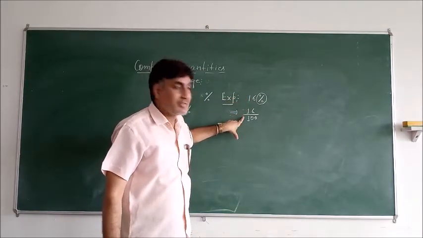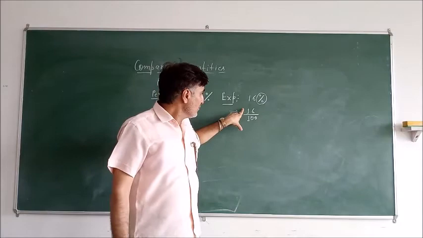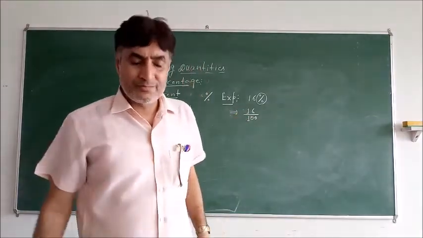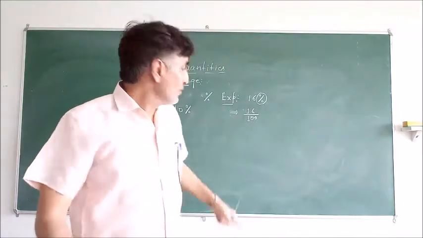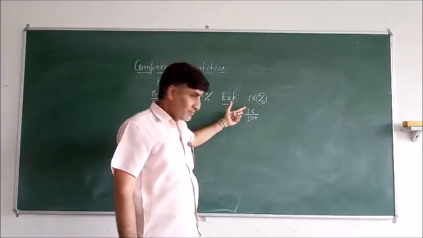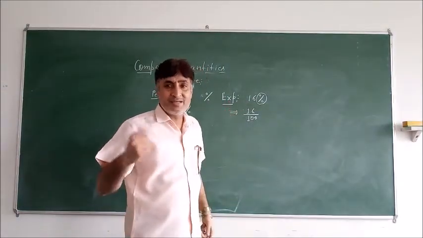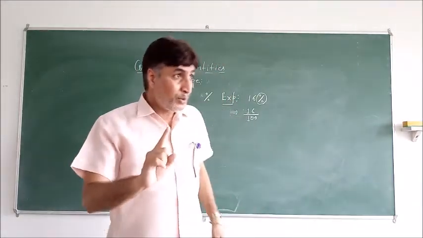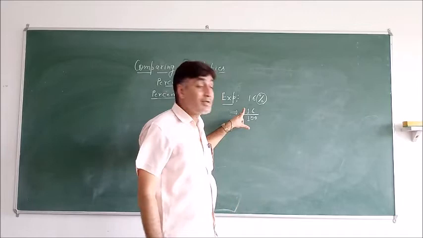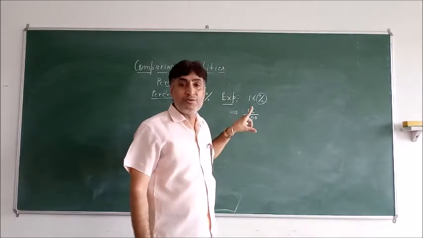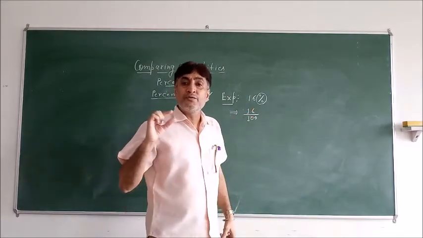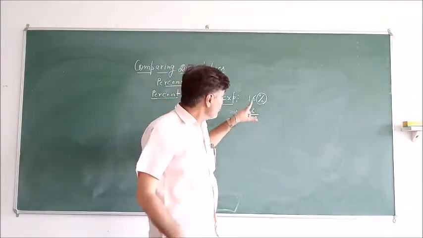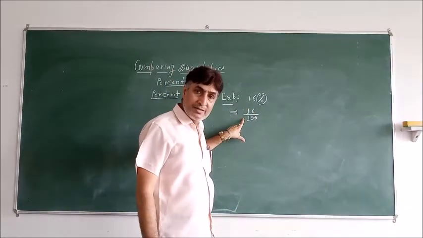Now we write this fraction in simplest form. The traditional way of simplifying this fraction is cancellation, but that is not the proper way. The proper way of writing a number in its simplest form is to first find the HCF of both numerator and denominator.